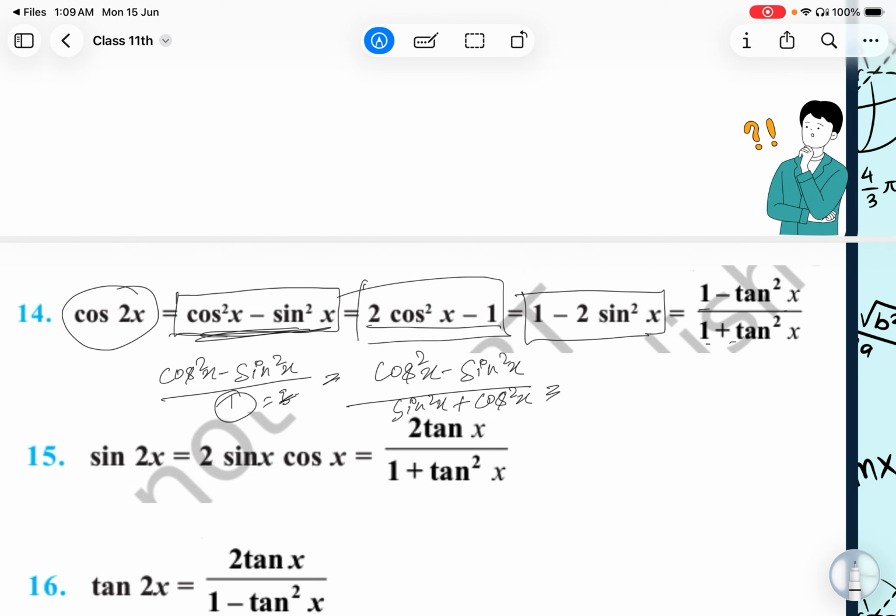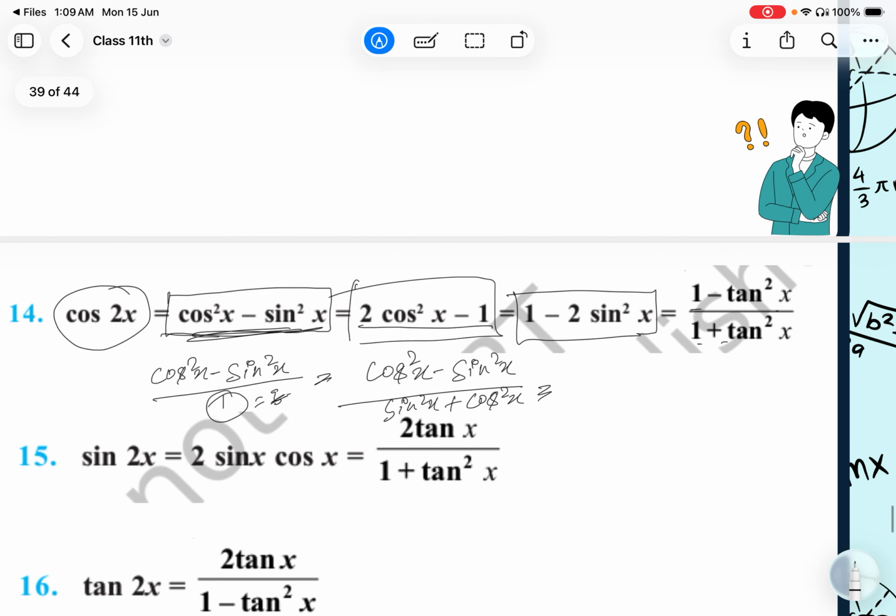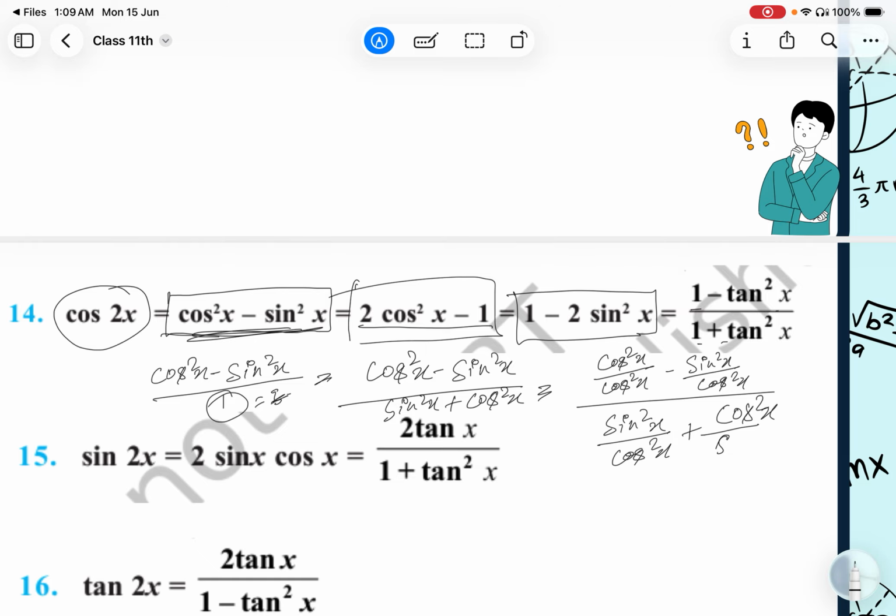Okay, so now we have cos square x, sin square x. If we divide both terms with cos square x, you see cos square x by cos square x minus sin square x by cos square x, and here sin square x by cos square x plus cos square x by cos square x, right?